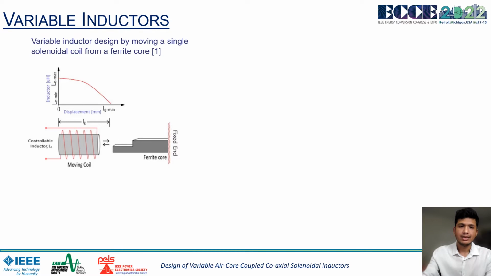As explained, one of the common ways of getting a variable inductance is by having relative motion between an air core coil and a ferrite core. When the ferrite core is brought closer to the coil, the inductance increases, whereas when it is moved further away, the inductance decreases.